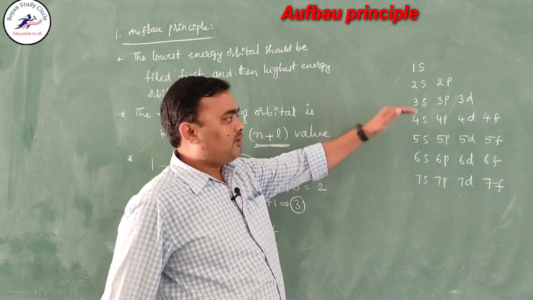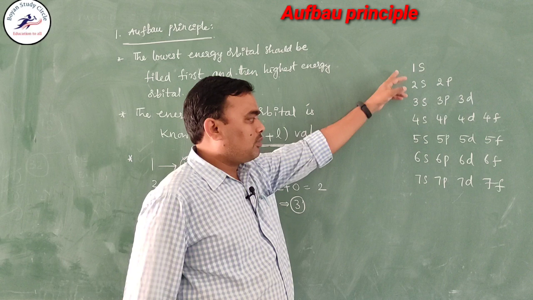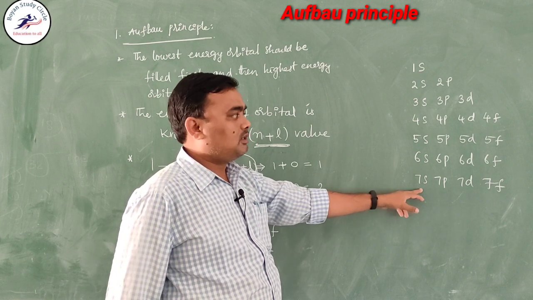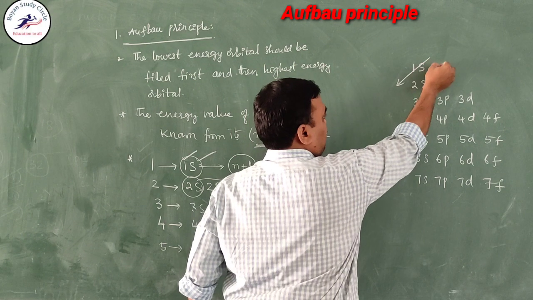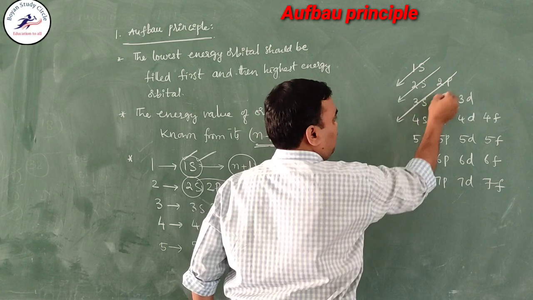As we have 7 periods in the periodic table, I am writing up to 7 main shells, right. So, this is the way to fill the electrons.